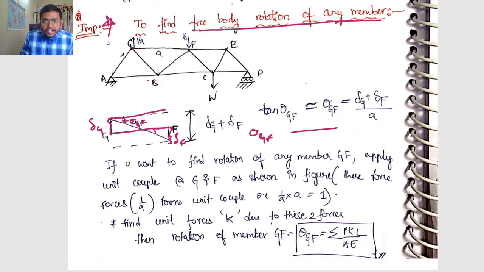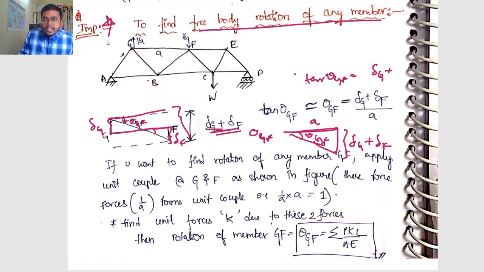So what is my theta GF? This is making a triangle like this. This length is nothing but delta G plus delta F, and the distance is A. So tan theta GF is nothing but delta G plus delta F by A. So instead of doing sigma pKl by AE, you can also do this.